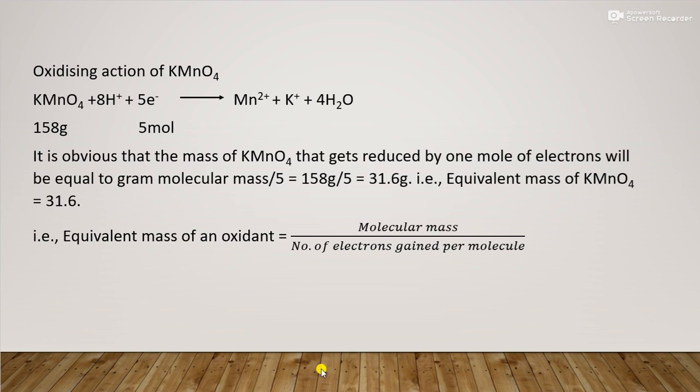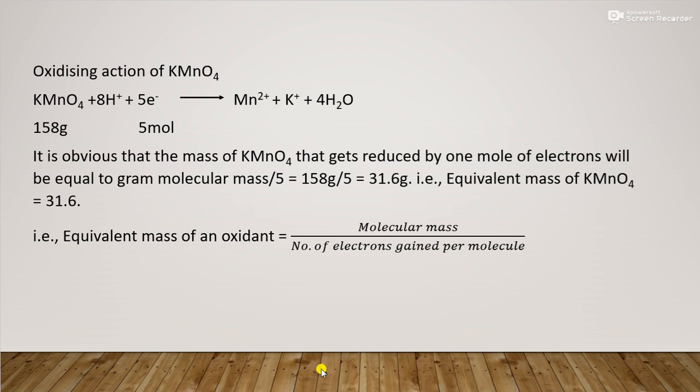Okay. So, oxidizing action of KMnO4: MnO4 minus plus 8H plus plus 5 electrons gives Mn2 plus plus 4H2O. That is, the mass of KMnO4 that gets reduced by 1 mole of electrons will be equal to 158 divided by 5, that is gram molecular mass divided by 5.